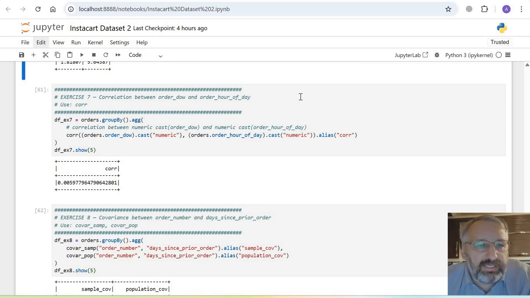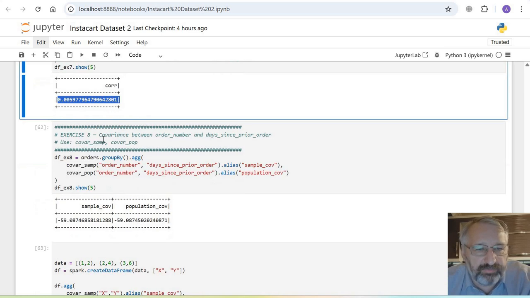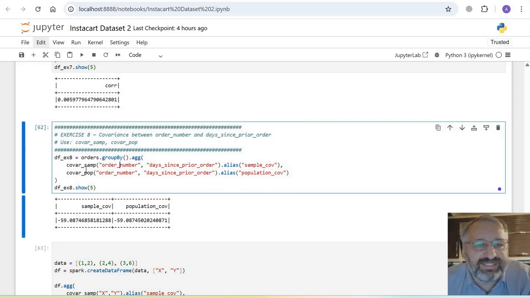Okay, the next thing is correlation between two values, order day of week and order hour. Do they correlate? And here is some correlation value. Covariance and covariance pop. Covariance is how similar is the change on two graphs.